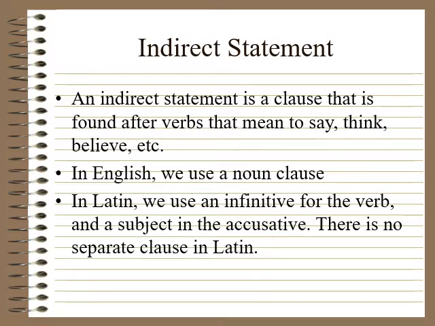In English, we usually use a noun clause. In Latin, we are going to use the infinitive and possibly a subject in the accusative. There is no separate clause in Latin. It's all one sentence.